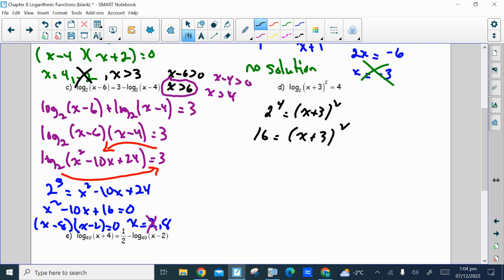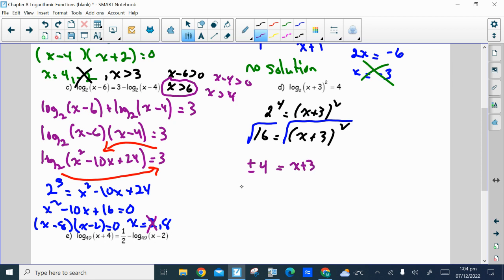And normally when we're solving an equation, our next step is to take the square root of both sides, to get rid of the square on the x plus 3 by doing the opposite, which is square rooting. Normally when you take the square root of both sides, there's going to be a positive and negative root of 16. Positive and negative 4 equals x plus 3.